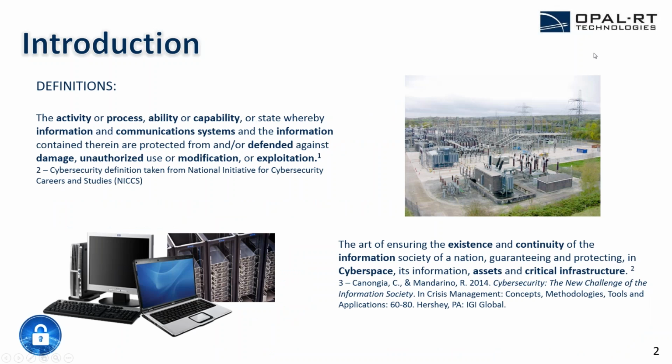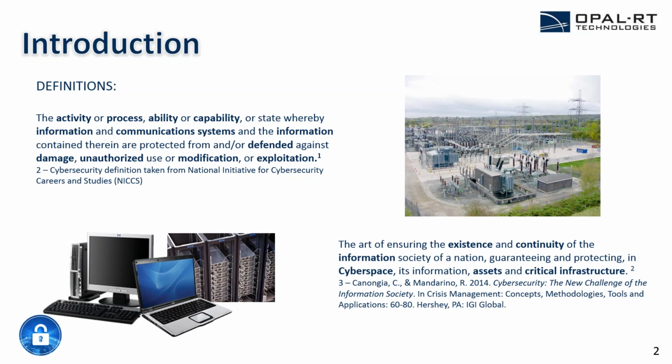And how do we define cybersecurity? There are many definitions, and the first one I have here on the top left refers to an activity, process, ability, capability, or state where information communication systems are protected and defended against damage, unauthorized use, modification, exploitation.